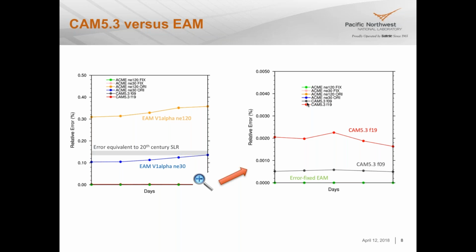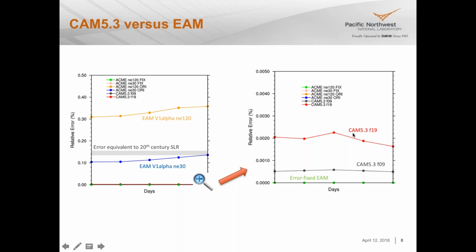However, when you look at the CAM 5.3 model, the error is very small. If we magnify the lower part of the figure on the left, on the right we show the zoomed-in figure.